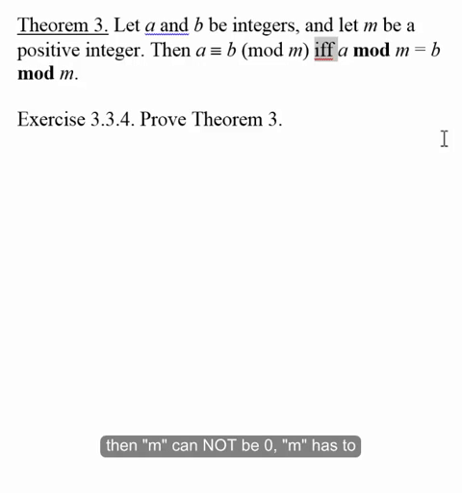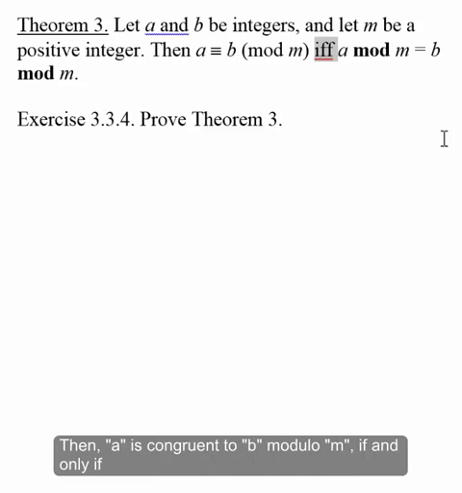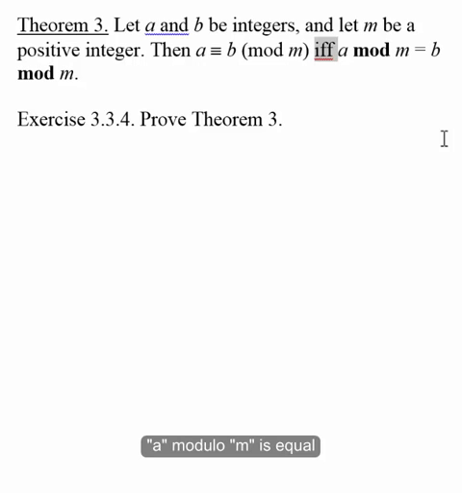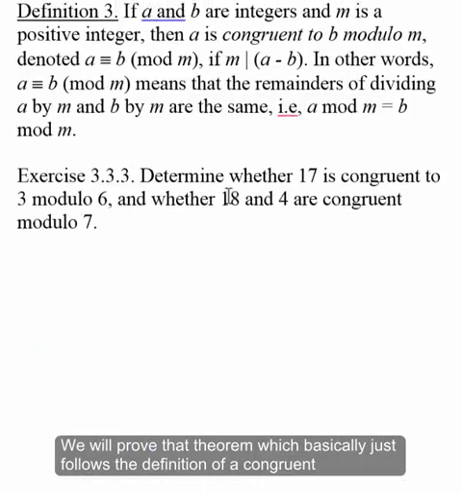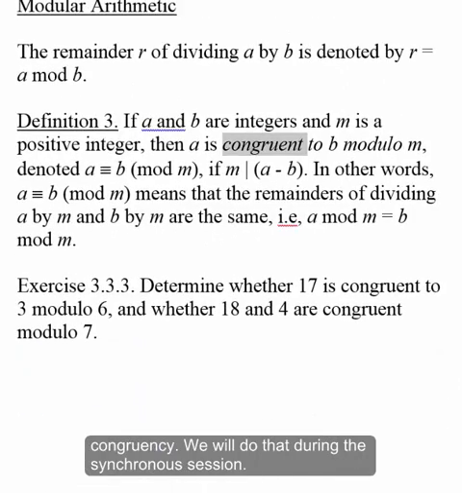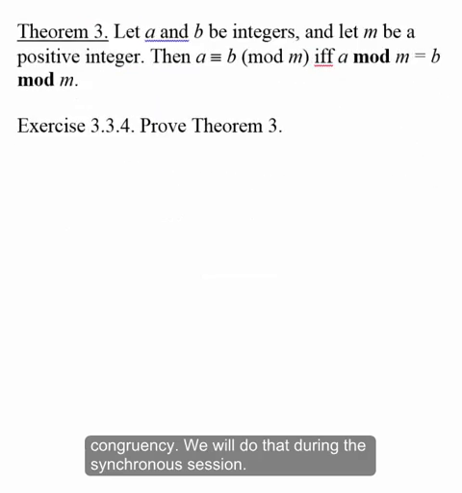Positive integer, then m cannot be 0. m has to be 1 or a larger integer. Then a is congruent to b modulo m if and only if a modulo m is equal to b modulo m. We'll prove that theorem, which basically just follows from the definition of a congruency. We'll do that during the synchronous session.